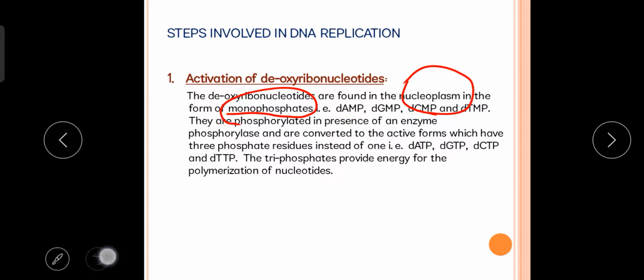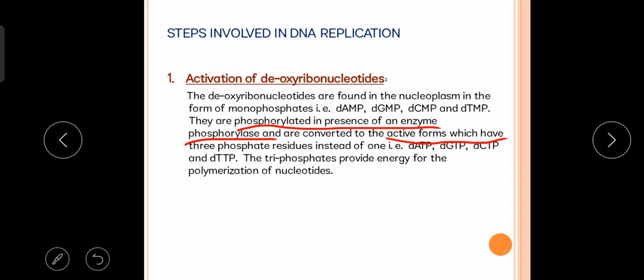And these monophosphates are phosphorylated in the presence of the enzyme phosphorylase, and are converted to the active forms, which are called triphosphates.